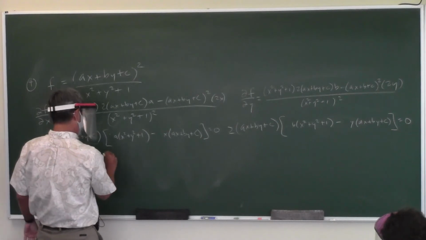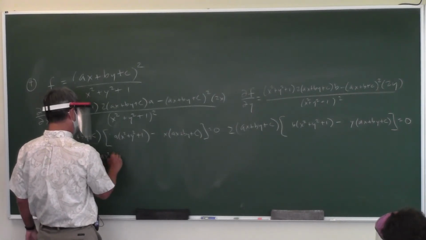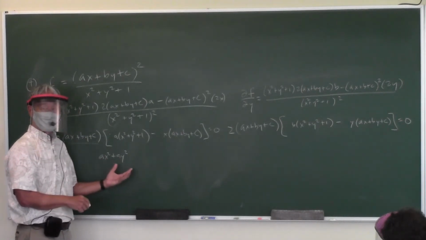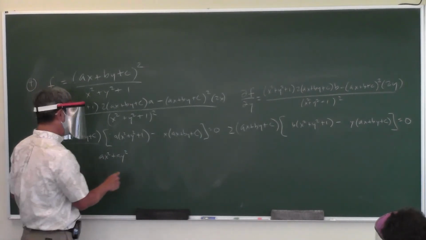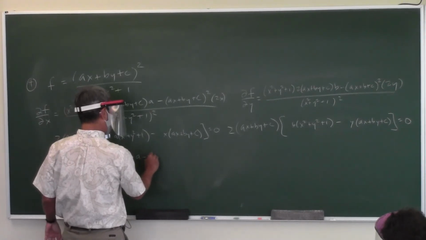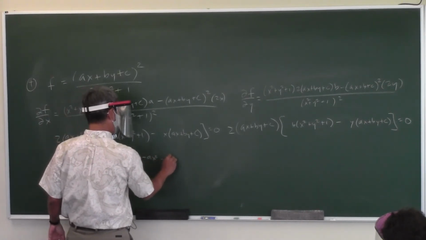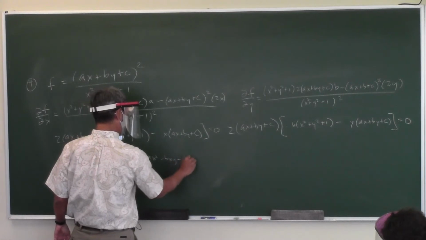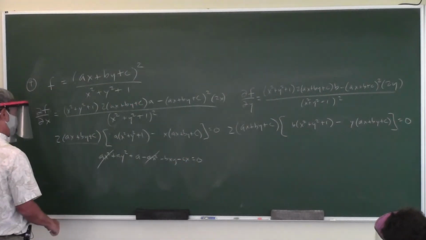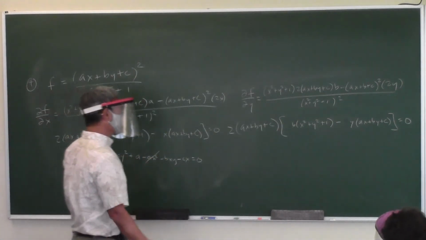So multiplying it out, ax squared plus ay squared plus a minus ax squared minus bxy minus cx equals 0. So then these cancel out. And we can do the same thing on this side.